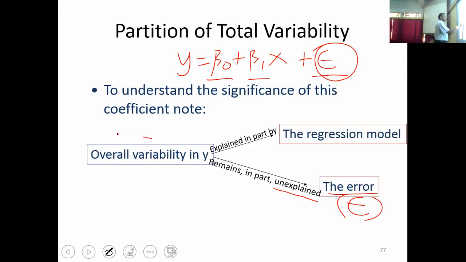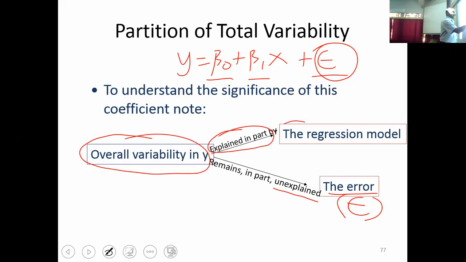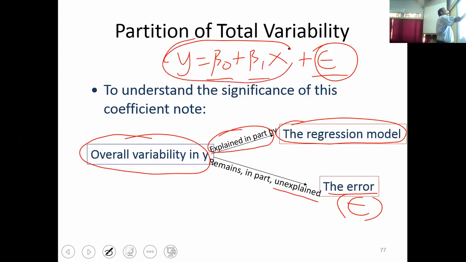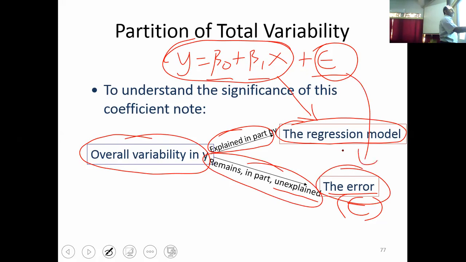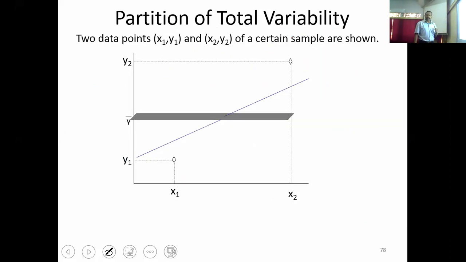So the total variability in y can be explained by a part which is due to the regression model, and another part which we cannot explain, which is called error. Now we are going to talk about what this error is and how we can quantify it.